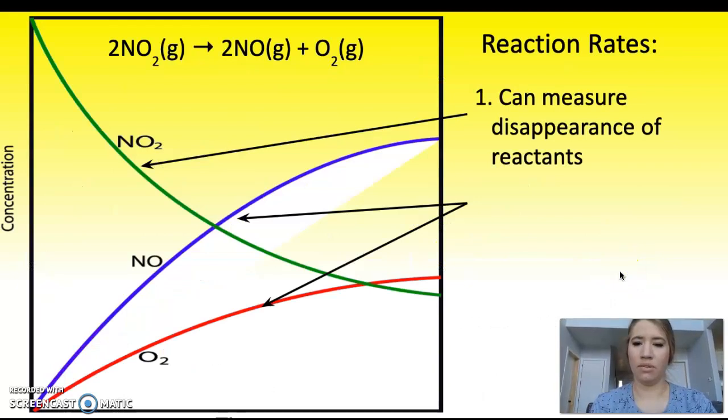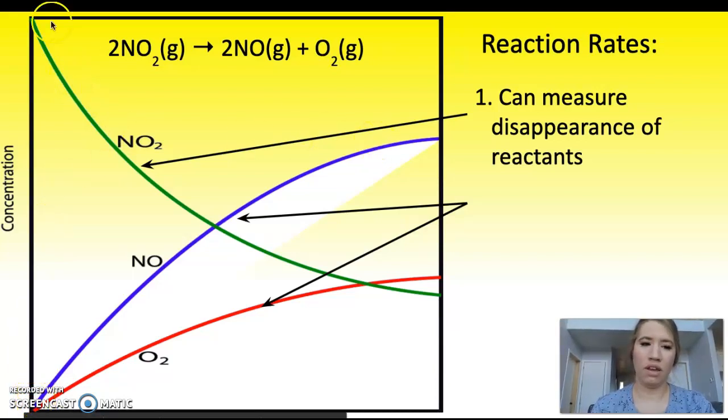Okay, so you can measure the disappearance of reactants. Reaction rates and how graphical analysis benefits us. So we have our reactant, and then we have 2 products. And so we see that the concentration is all reactant, and we don't have any product at the beginning of the reaction. Okay?